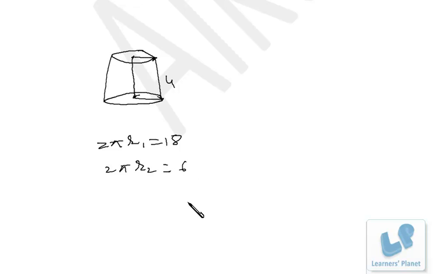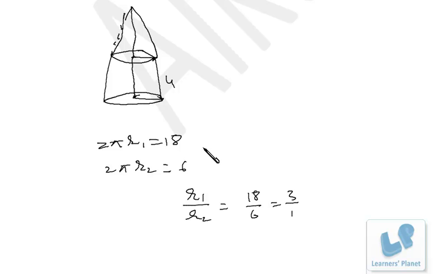So precisely r1 is to r2 is 18 by 6, or we can say 3:1. Now I complete this. Now r1 is to r2 is 3:1. So I assume this to be 3k, then this must be k, right?